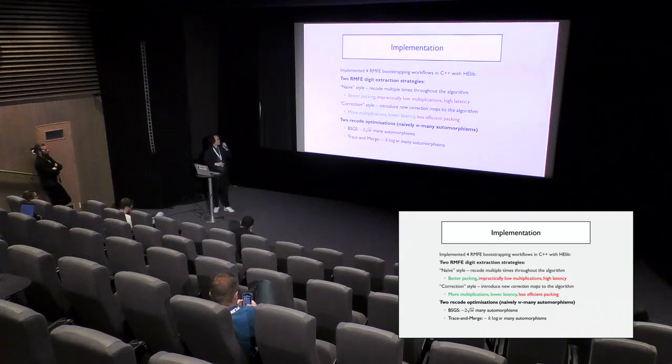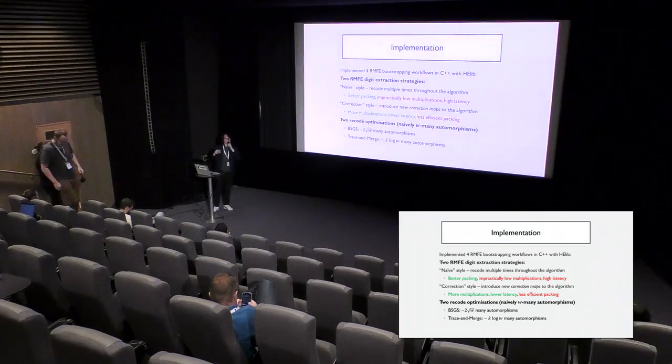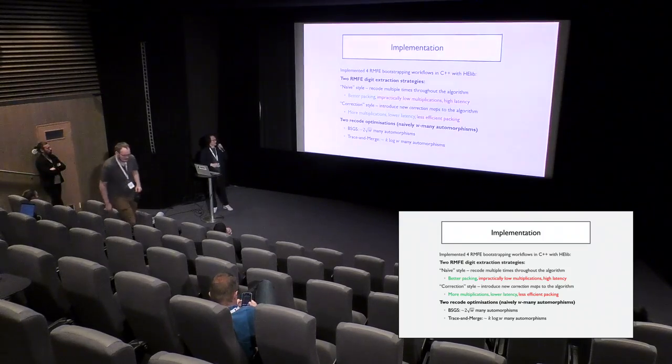And so for each of these two styles, we also tried two different optimizations of the recode map. The first is just using a standard baby step, giant step optimization that is well known in FHE. So normally when you are evaluating the recode map, it takes about W many automorphisms, where W is the relative extension between your lower Galois ring and your higher Galois ring.